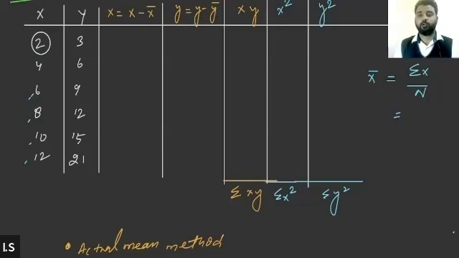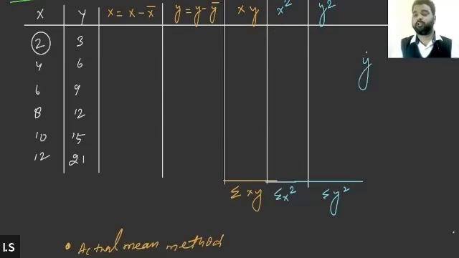Yes, sir. Okay. Similarly, in order to find out the deviation of Y, you will also have to find out the mean of the Y series, so as to subtract it from the items of Y. How are we going to calculate the mean of the Y series? It is very simple.